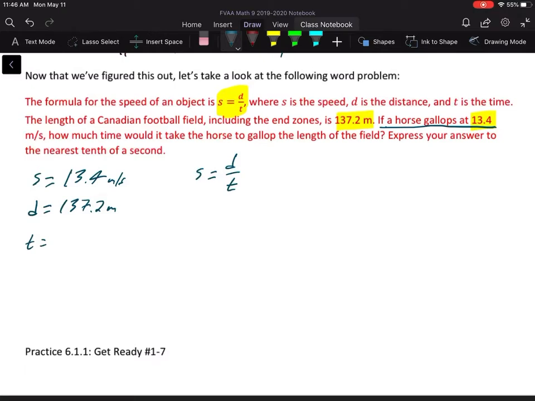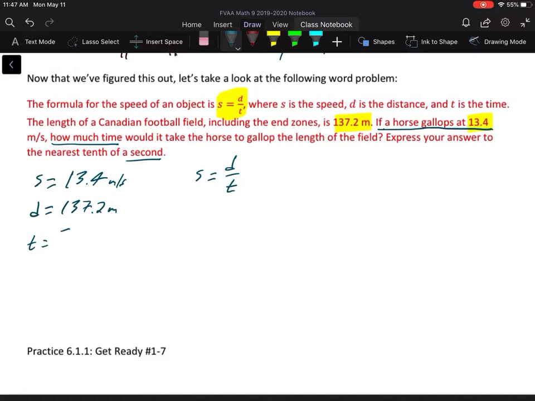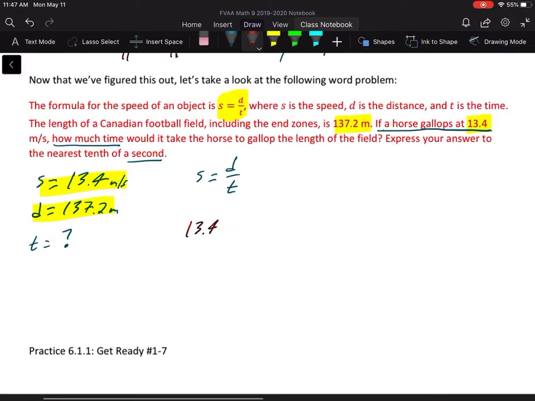How much time? In seconds. So this is what I'm solving for. I'm going to substitute the values that I know into my equation. Instead of writing S, I'm going to write the value of S: 13.4 is equal to D, I have the value of D, 137.2, over T. I don't know what T is.